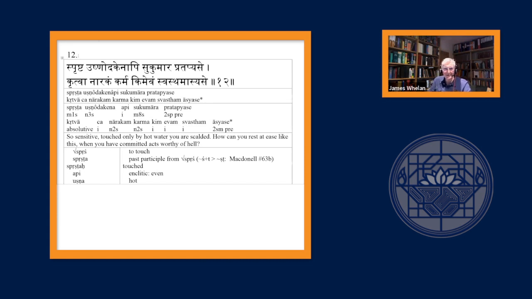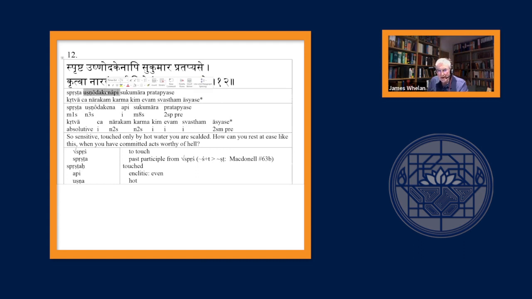Very good, thank you. But can you just read this tricky word again? Which I'm highlighting, ushnodakenapi. Have I put the accent in the wrong place? It's not so much the accent, it's the length of the vowel.